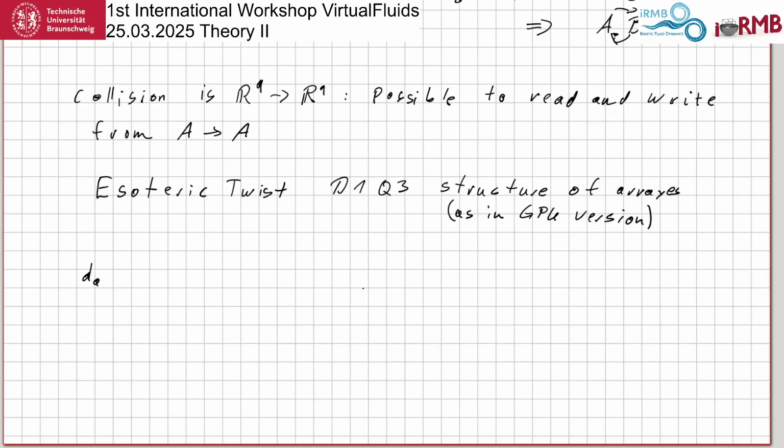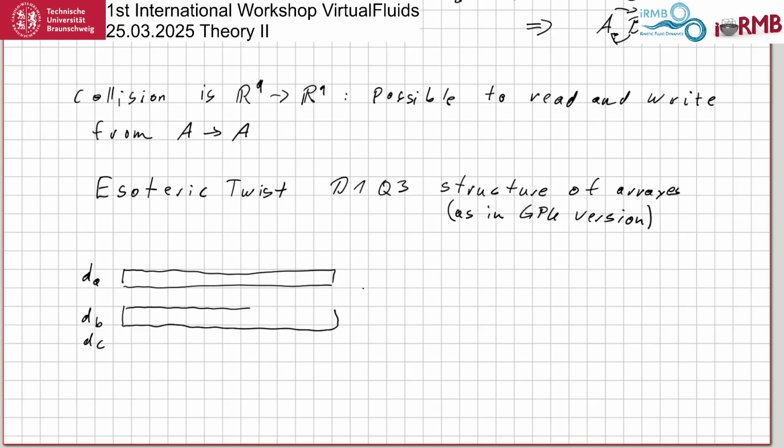Say we have 3 different arrays in this one-dimensional thing: dA, so data A, data B, and data C. So this is where we store our data, and this data includes all the different populations.